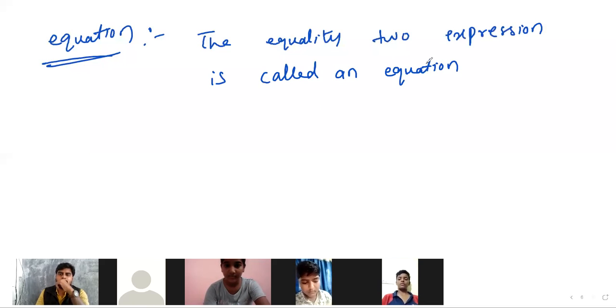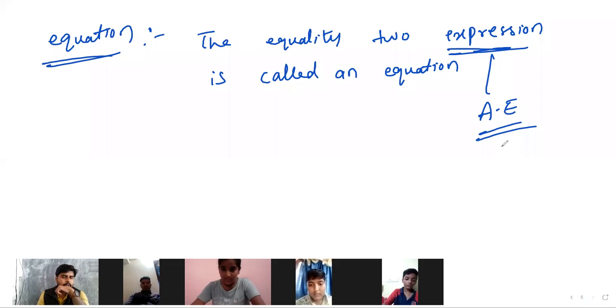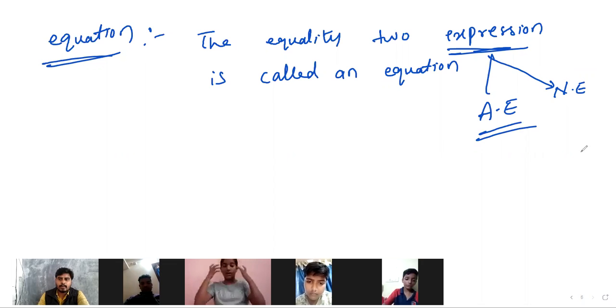Expression is nothing but an algebraic expression, and we have one more expression, which is a numerical expression.